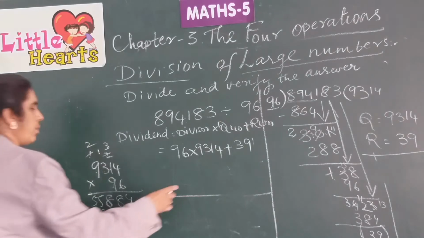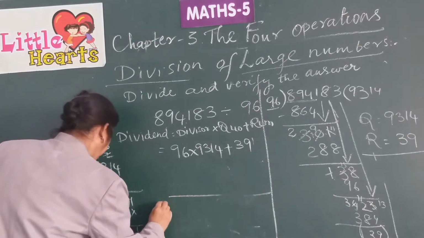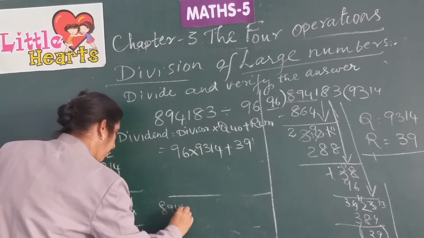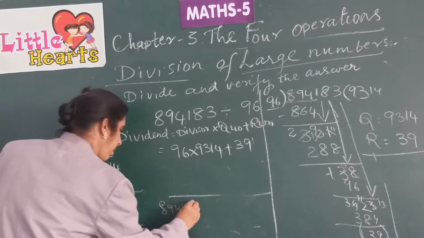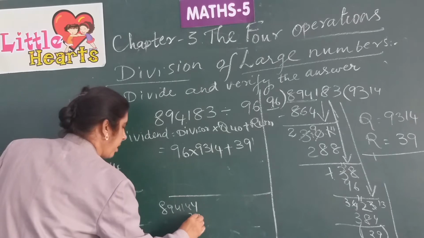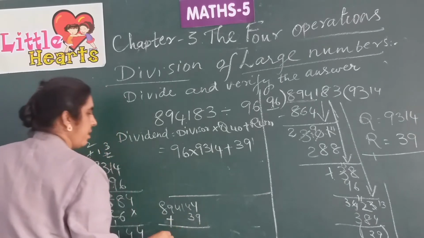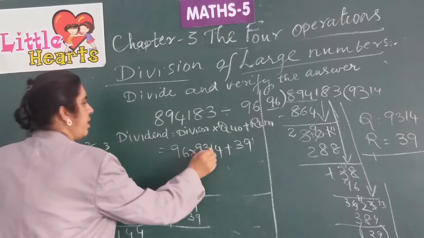For this we have to add the remainder. Division into quotient plus remainder.